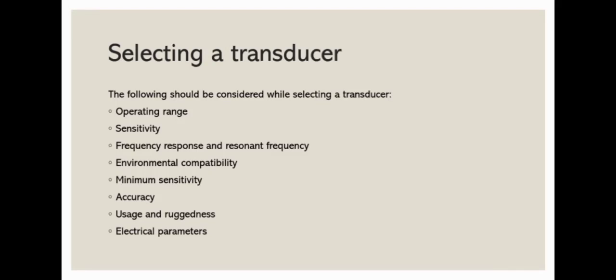Accuracy: repeatability and calibration errors, as well as errors expected due to sensitivity to other stimuli. Usage and ruggedness: ruggedness of both mechanical and electrical intensities versus size and weight. Electrical parameters: length and type of cable required, signal to noise ratio when combined with amplifiers, and frequency response limitations.